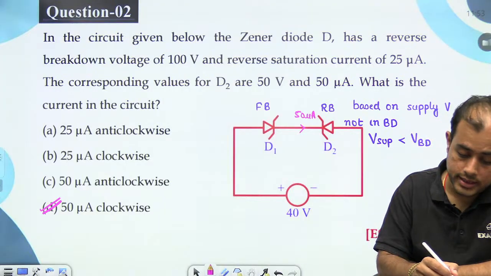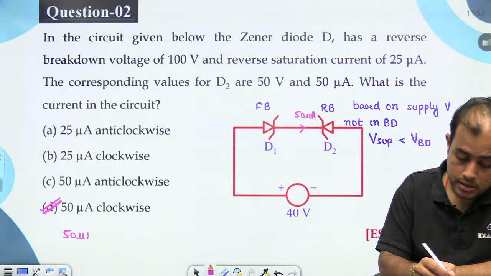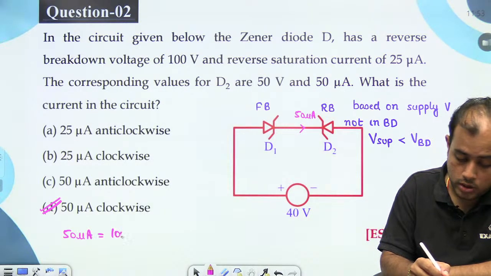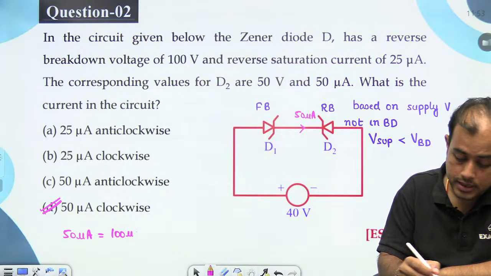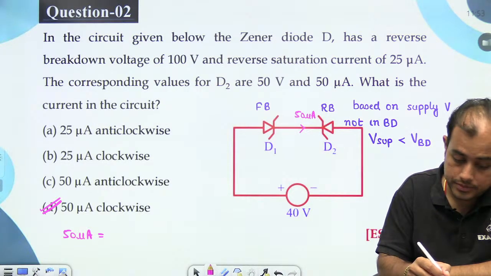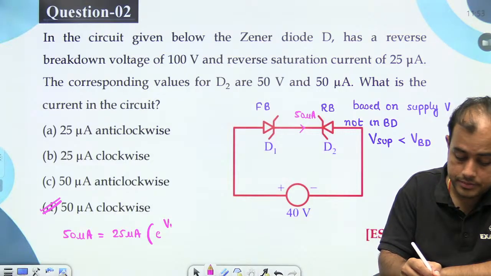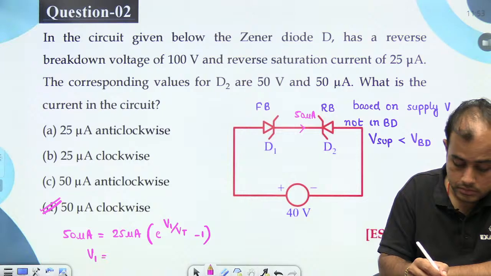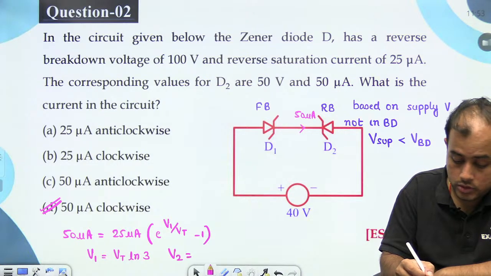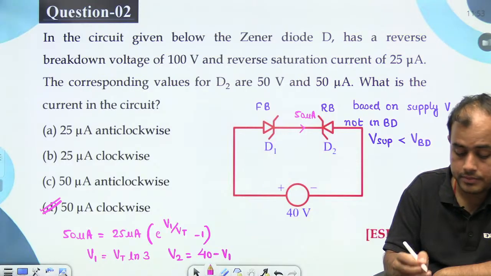And based on this current, you can apply diode current equation and find the voltage of diode 1. Then voltage across 2 is 40 minus V1, like this.